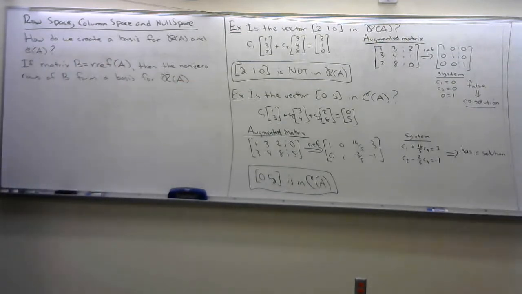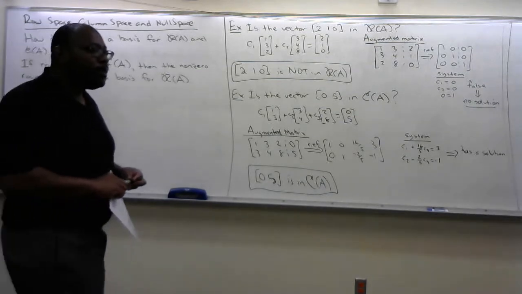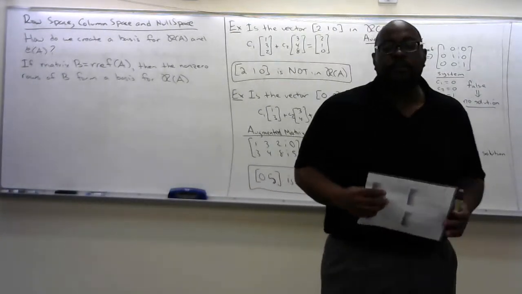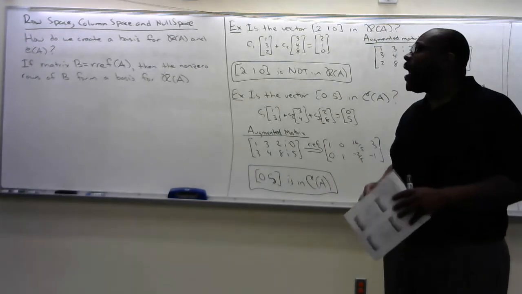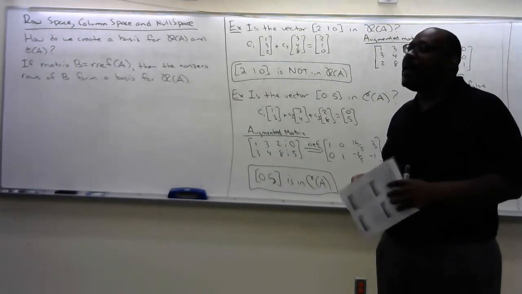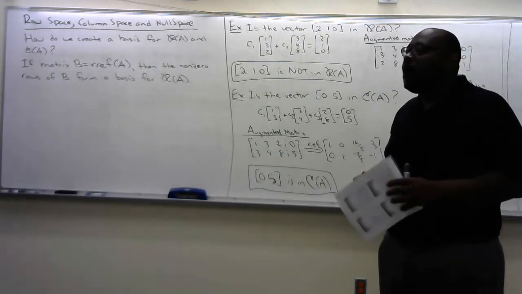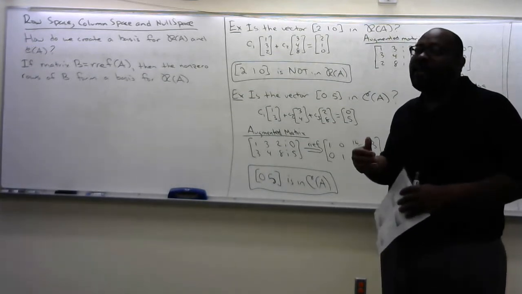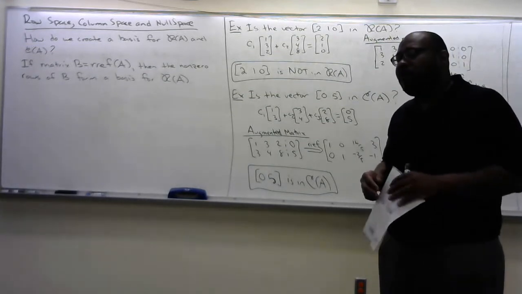So what we're going to do is something that seems a little bit weird. We're going to take the reduced row echelon form of A. When we do that, it actually is going to simplify, in some ways, our row space. It's going to get rid of any redundant vectors that we don't need.